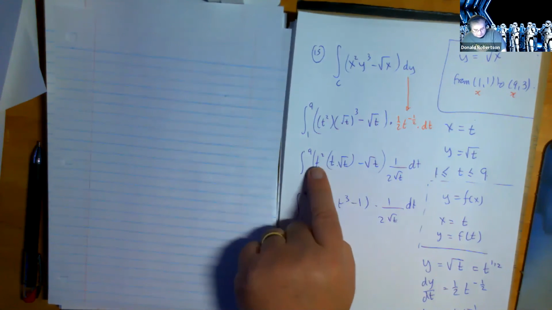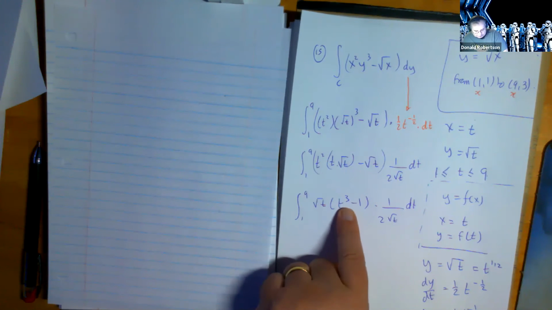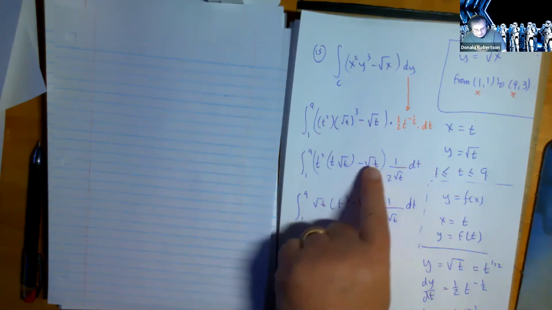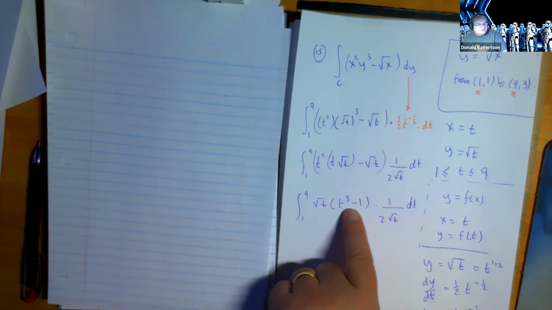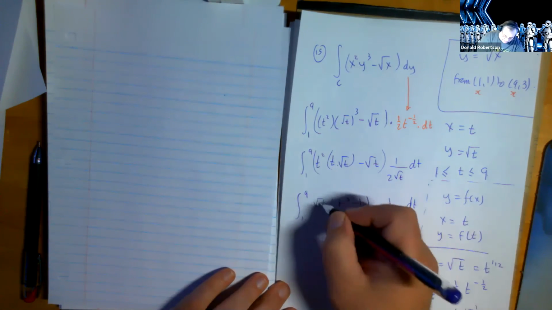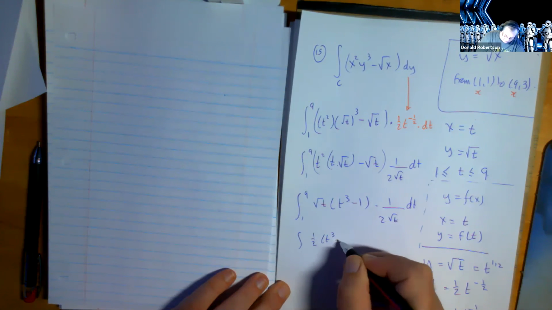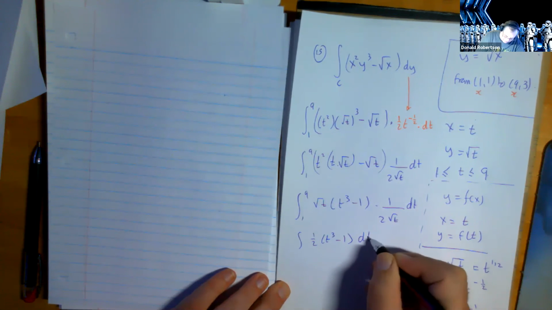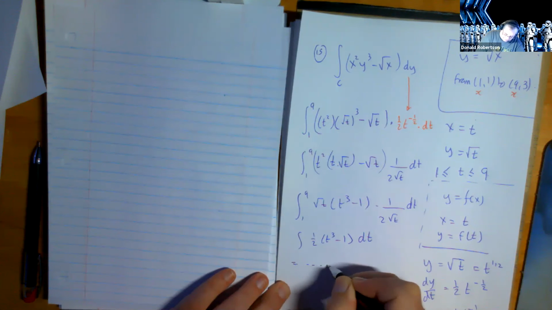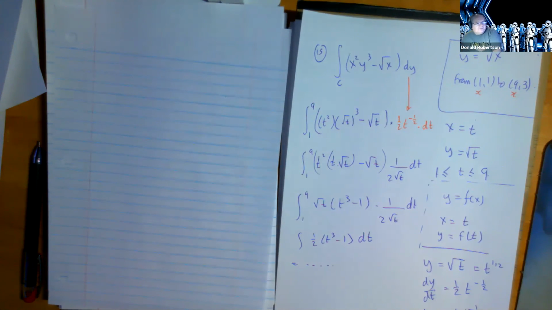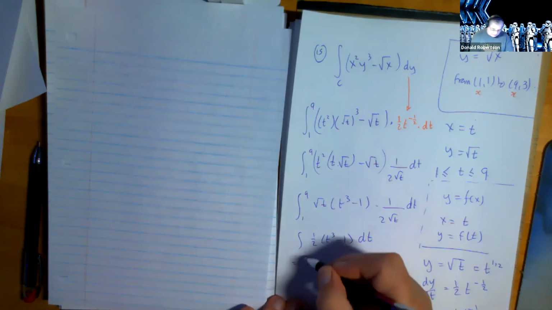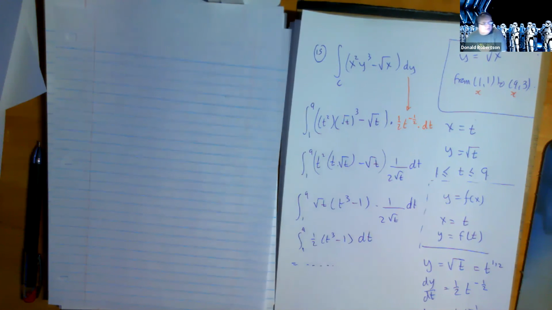You happy about t squared times that is t cubed root t, pull out a square root of t, pull out a square root of t, you get this? Since they cancel, and that's 1/2, then it's basically just the usual integration techniques from 1 to 9.